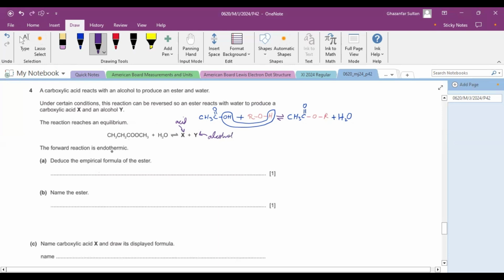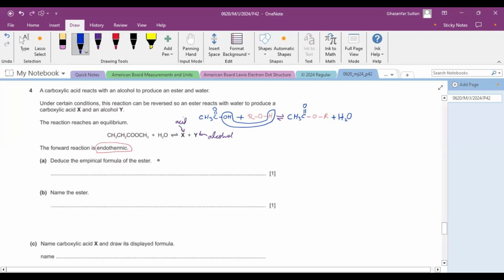Okay, now what is the question? And one more information that is very important for some part of the question, we will see. So deduce the empirical formula of the ester that is here.